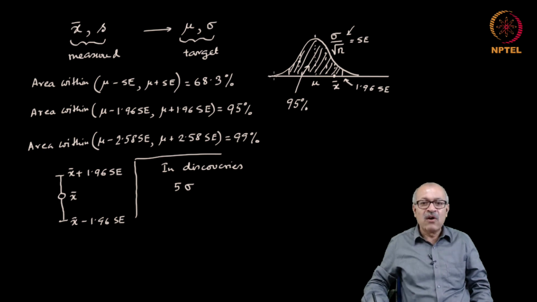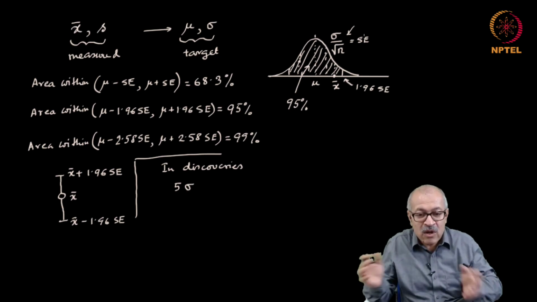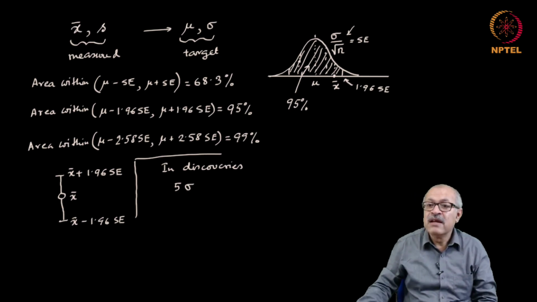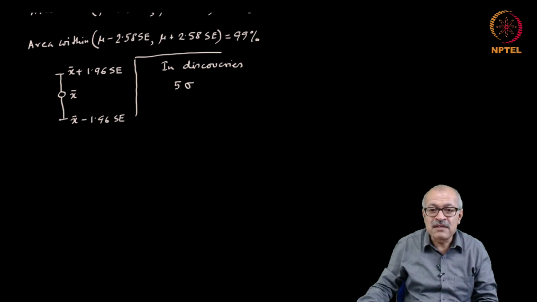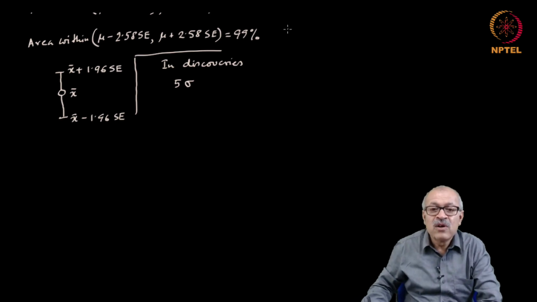That means almost the whole area is enclosed within 5 sigma, 5 times the standard error of the mean. And practically the whole area is enclosed. What does this physically mean? I will just write it, I will put the line here.